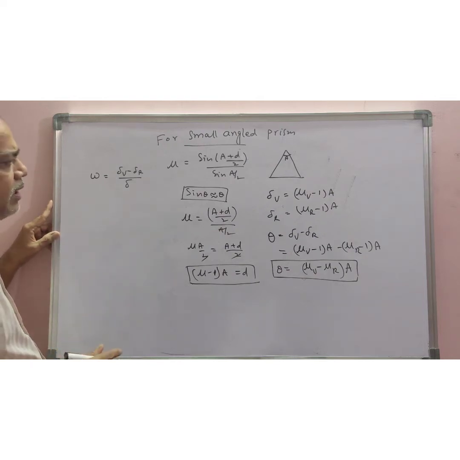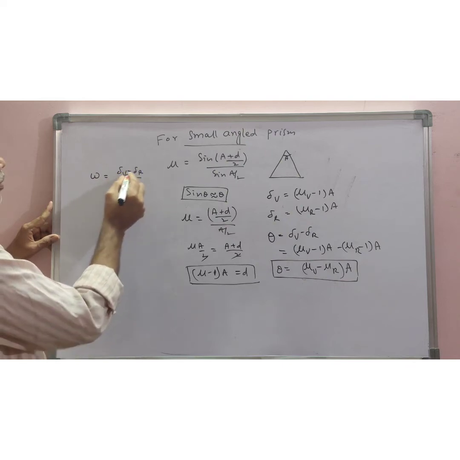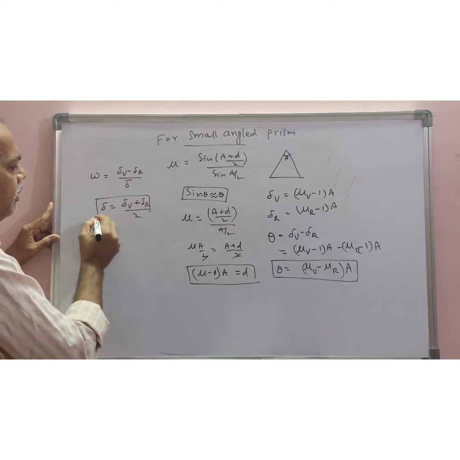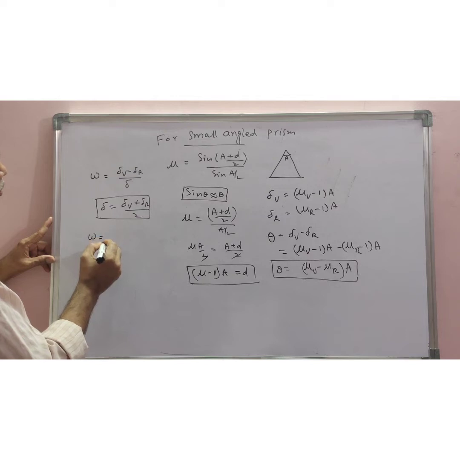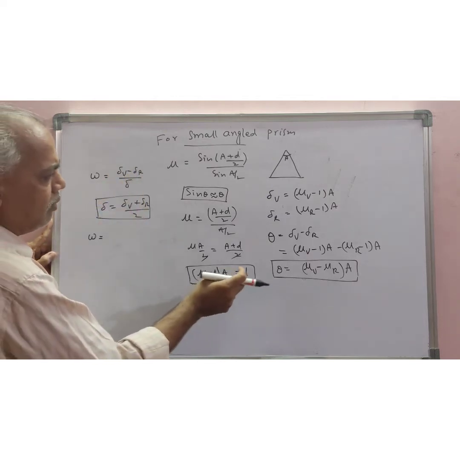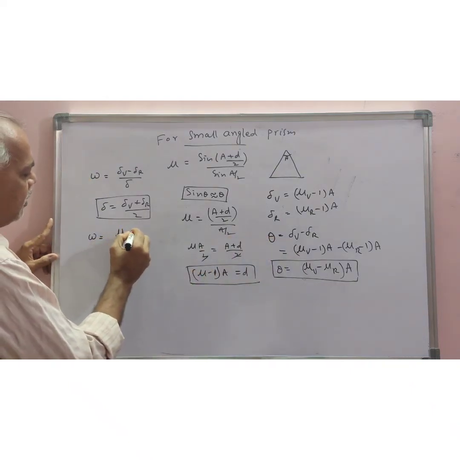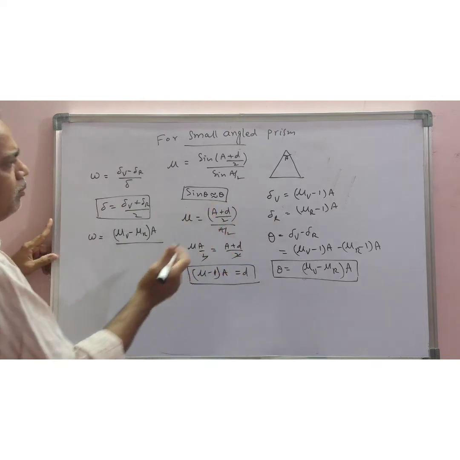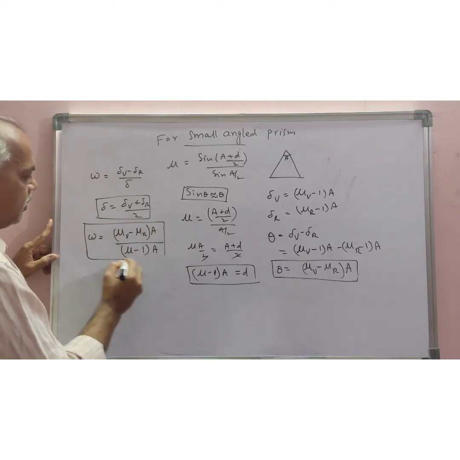Generally, the mean can be taken as blue color, but if not given, we take the mean of the two given colors, δ equal to (δV plus δR)/2. So ω is equal to δV minus δR, which is the angular dispersion θ, so (μV minus μR) into A by δ. Since δ is the mean, (μ minus 1) into A. It is the dispersive power.